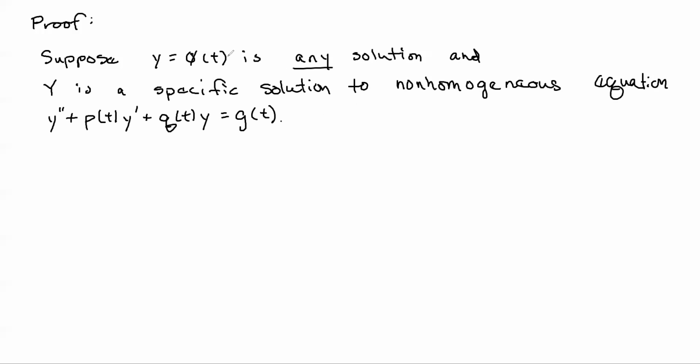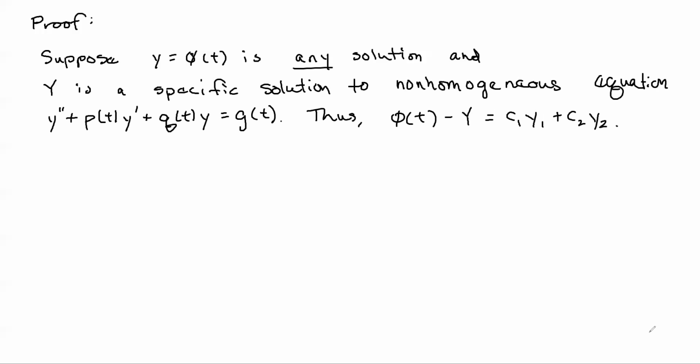So since this is a solution to the non-homogeneous equation, and this is a solution to the non-homogeneous equation, then due to the previous theorem, we can say, thus, phi of t minus Y equals c1 y1 plus c2 y2.